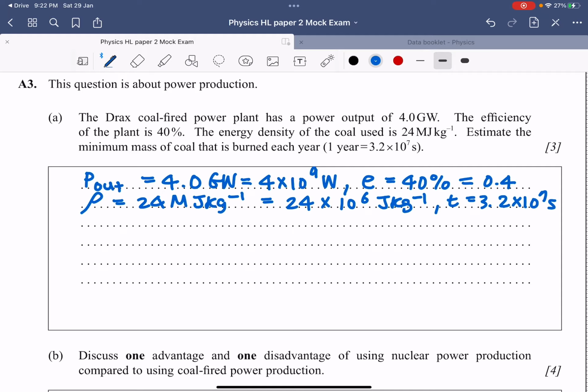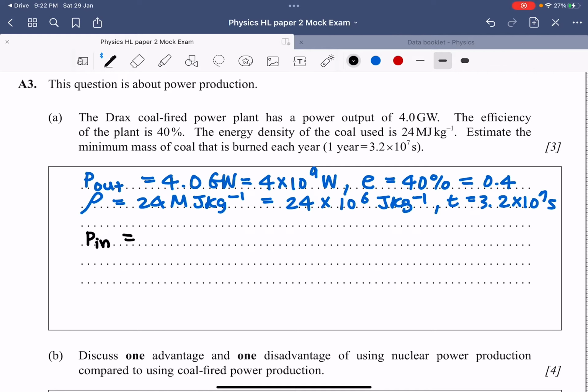Now, from here, we have to calculate power in. That's going to be our first step, because power out is equal to power in. Watts is equal to joules per second. That is going to be important to memorize.